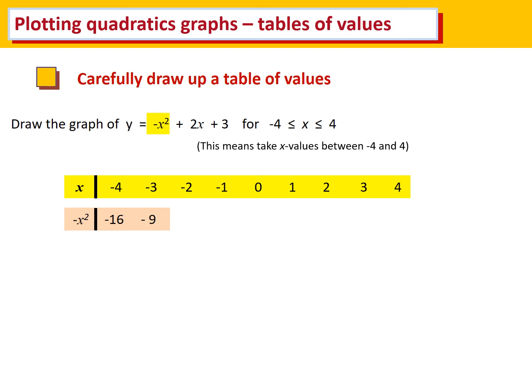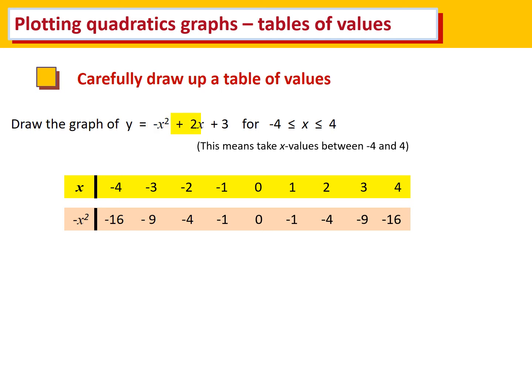And negative 2 squared is positive 4, but we're multiplying it by negative 1, that's negative 4. Similarly with the rest of the values on the row, so be careful with the negative x squared.